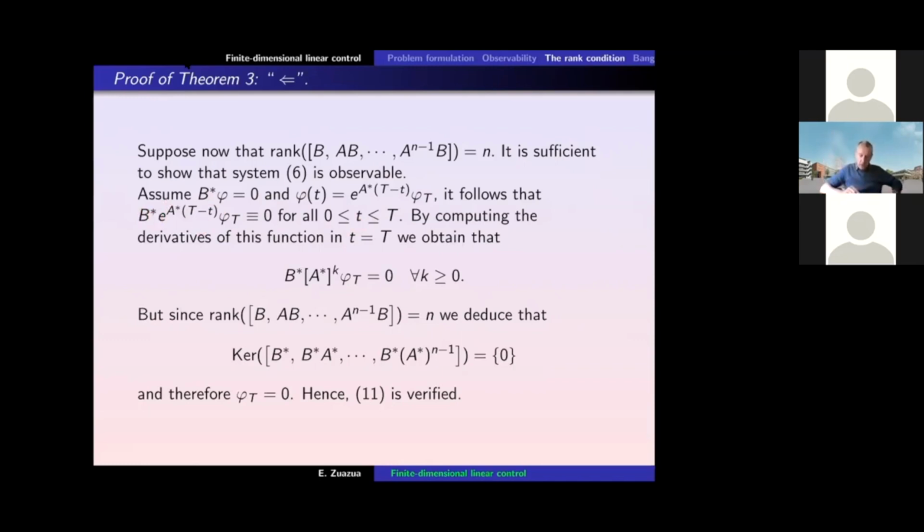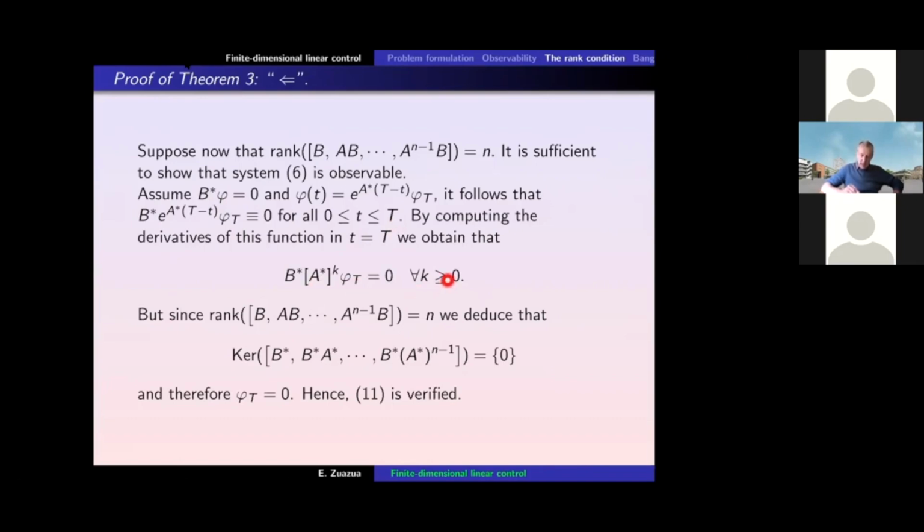Whenever you take a derivative with respect to a small t of the exponential, you get a power of A star. Because B star phi is equal to 0, all the derivatives at t equal capital T are equal to 0. And therefore, B star A star to the power k phi T is equal to 0 for all k.